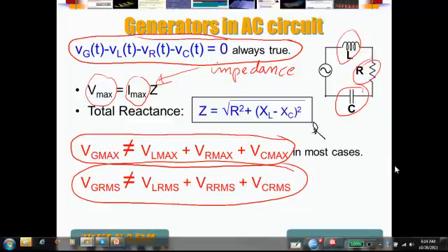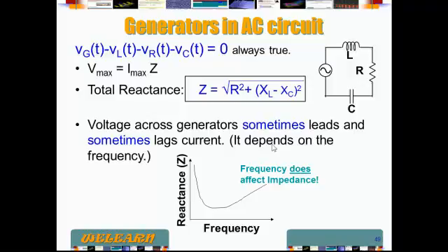Actually, that's going to depend. The voltage sometimes leads and sometimes lags. That depends on the frequency and the values of L and C. However, the reactance itself, its dependence on the frequency, is a combination of the dependence of XL and XC.